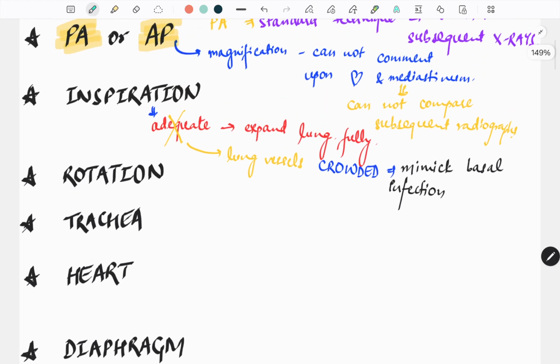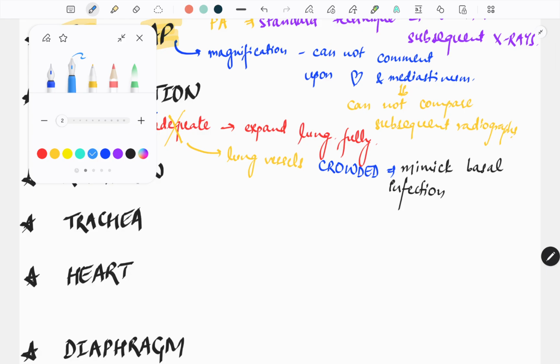How will rotation affect an X-ray? We'll come to the point now.